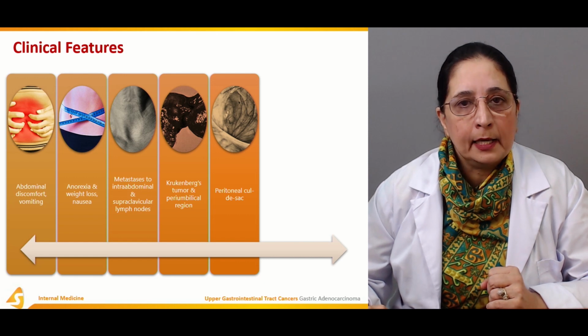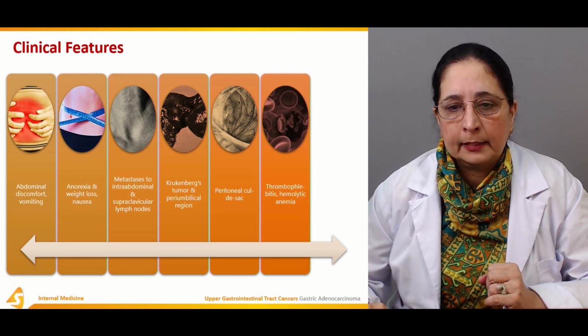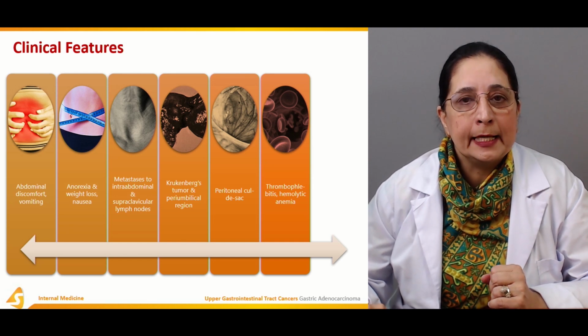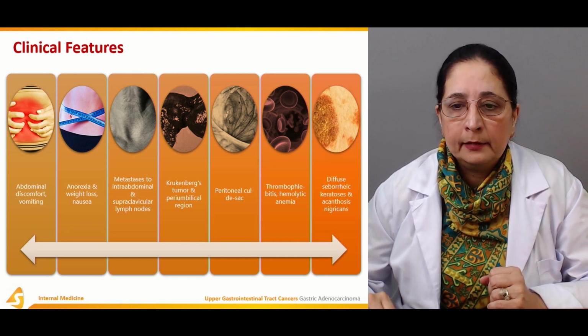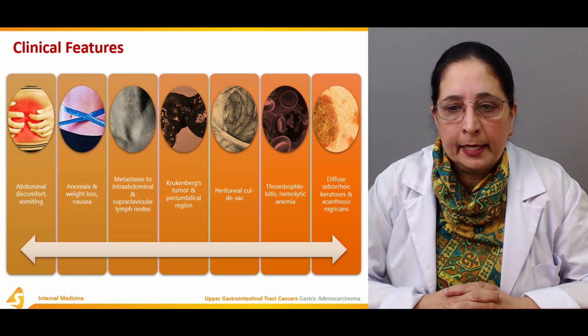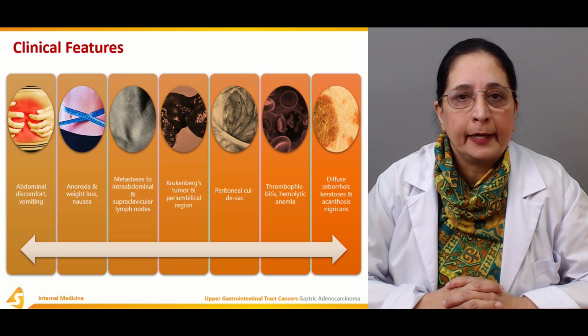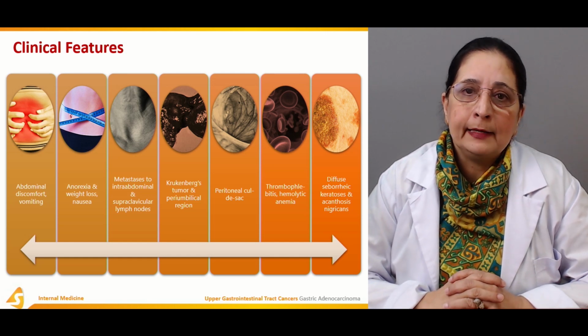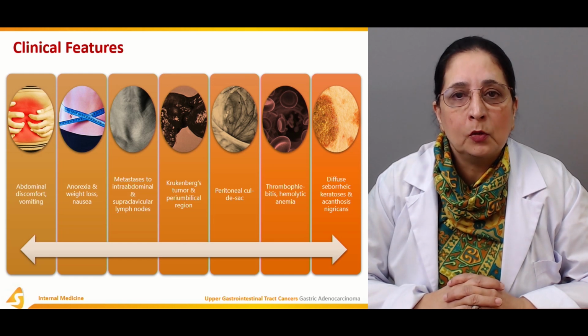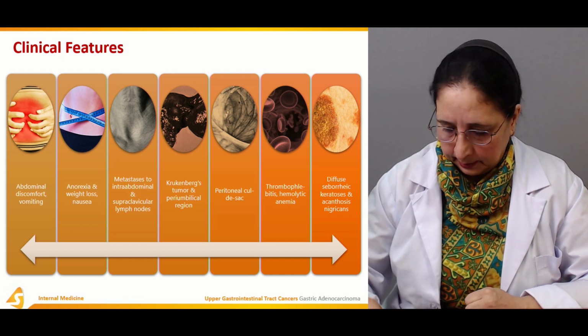Peritoneal cul-de-sac is also affected, and thrombophlebitis, hemolytic anemia, and then there is diffuse seborrheic keratosis and acanthosis nigricans. So all these are different clinical features of the adenocarcinoma of the stomach.